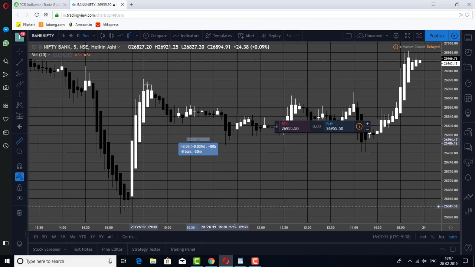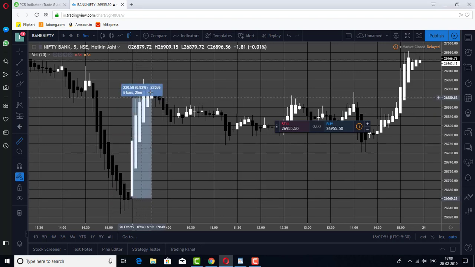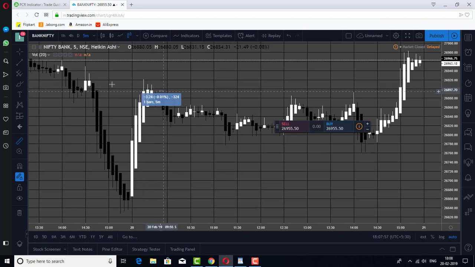When we view Bank Nifty, we can see that from 20 February 9:15, since the market opened, Bank Nifty gave a bullish trend, and when we measure this, it is about 0.92%.